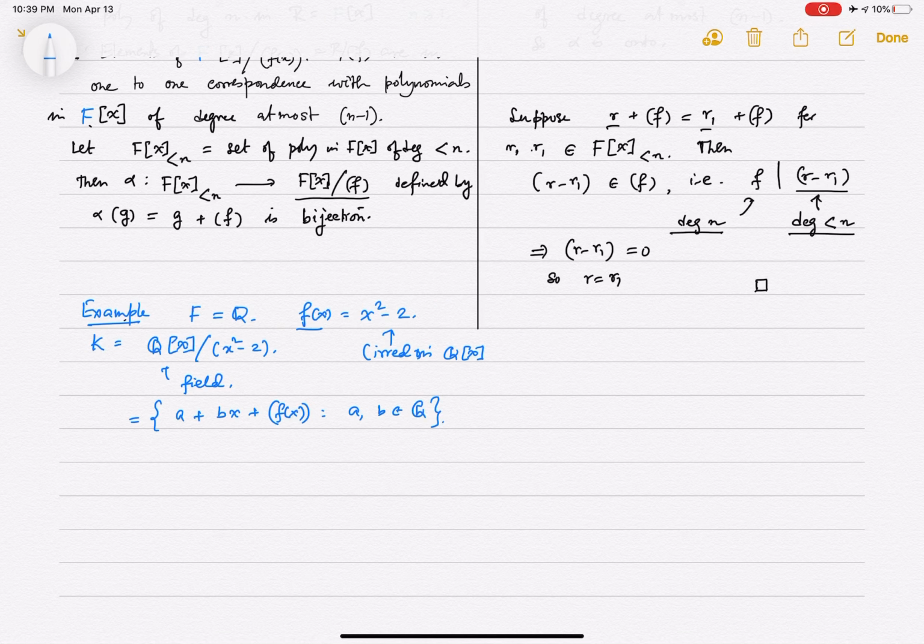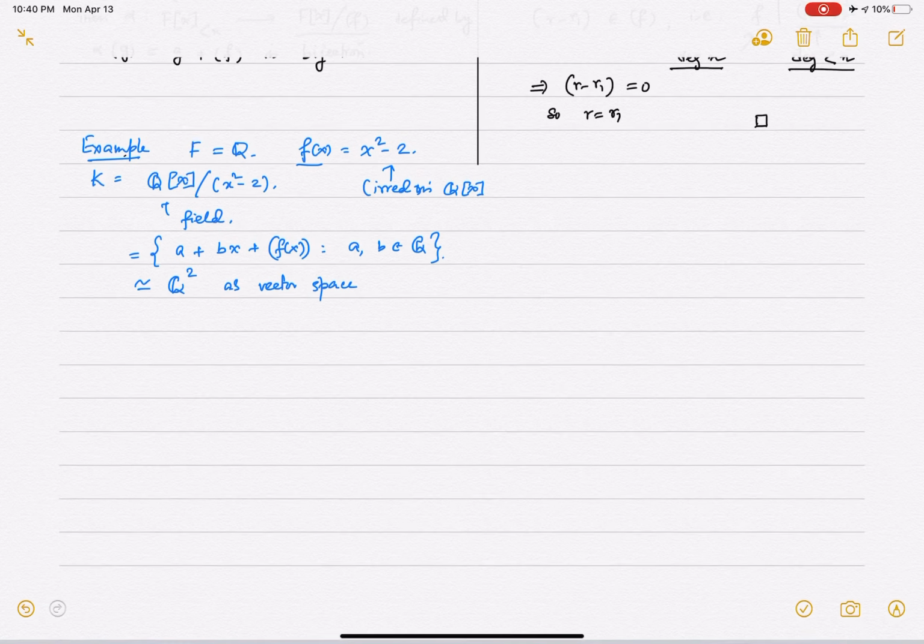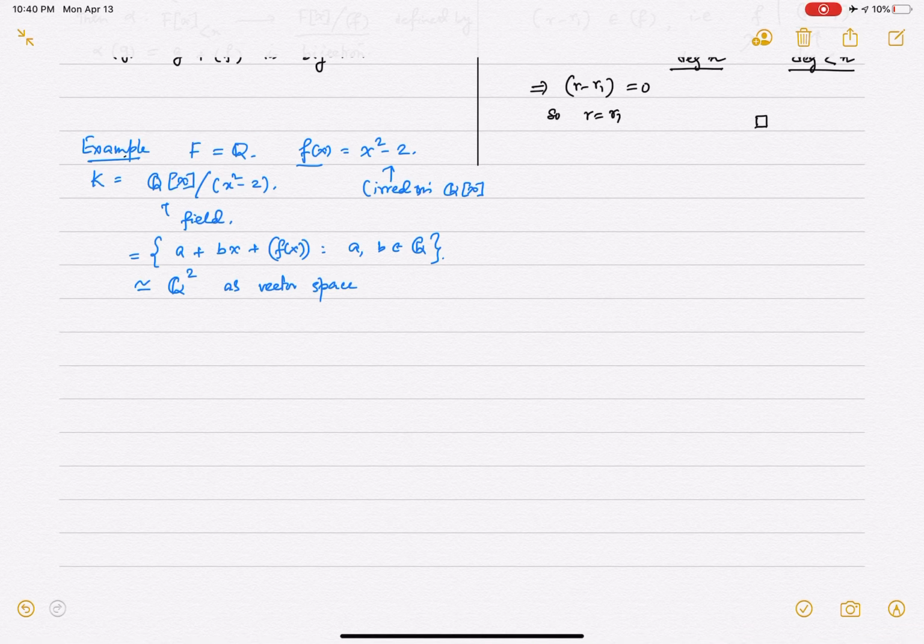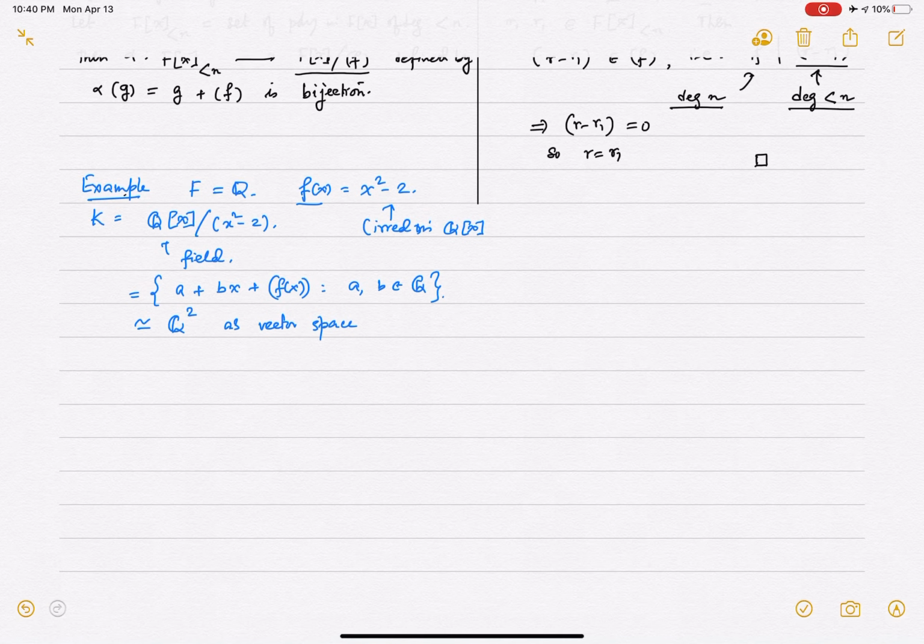In fact, it's isomorphic to Q cross Q as a vector space. And I emphasize that this is not isomorphic as a ring. Q squared also has a ring structure. The multiplication in this K is very different. It's not component-wise multiplication. But as a rational vector space, they are the same.